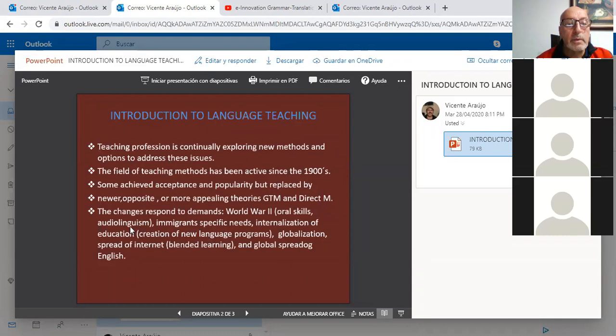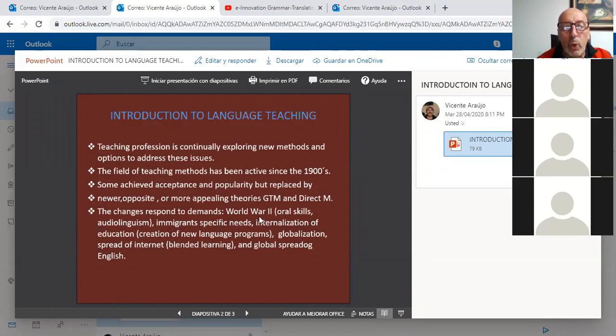Okay. So we are talking about an introduction to language teaching. So the change of methods respond to demands. This change appear because people and the world and the situations demand.